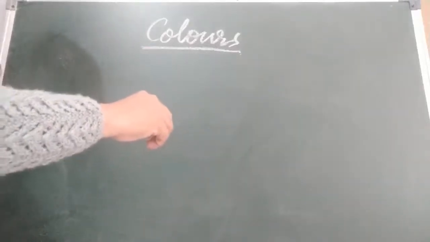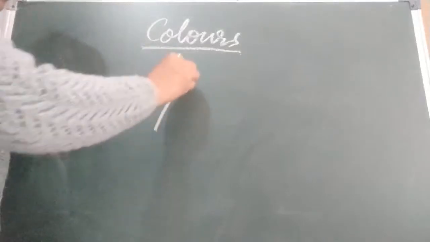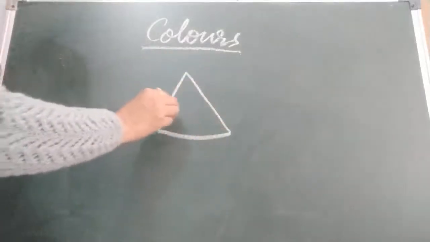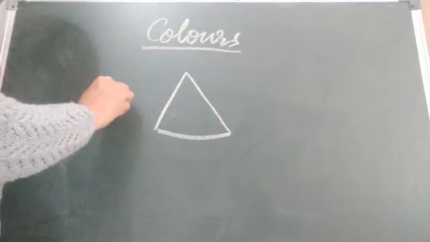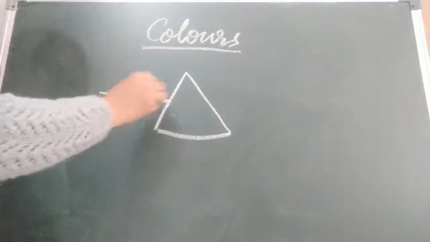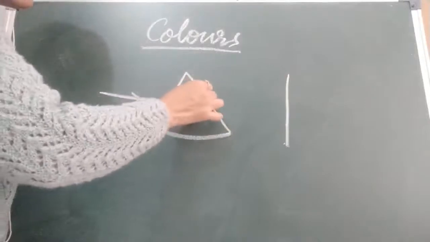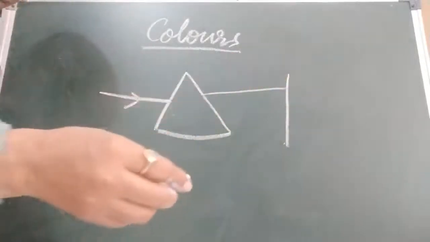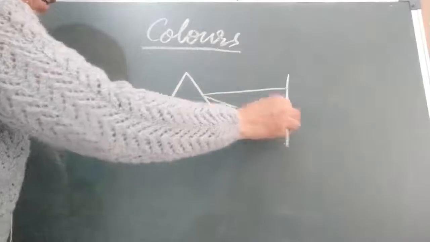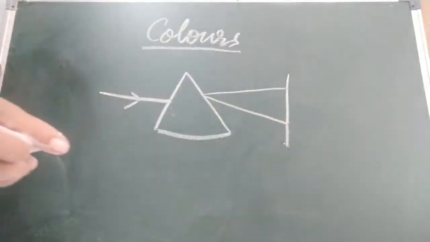One way of showing that white light is composed of different colors is to make white light pass through a glass prism. Children, this triangular solid figure is called a prism. When we allow this light to pass through the prism, on this screen we get 7 colors, and we call that VIBGYOR.